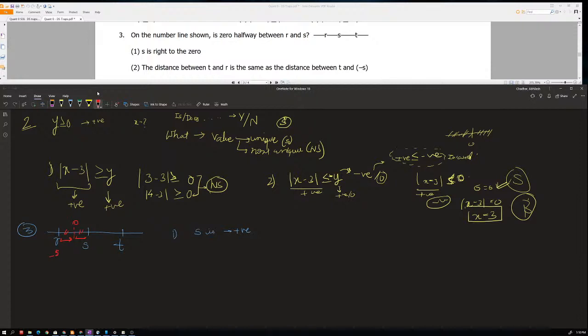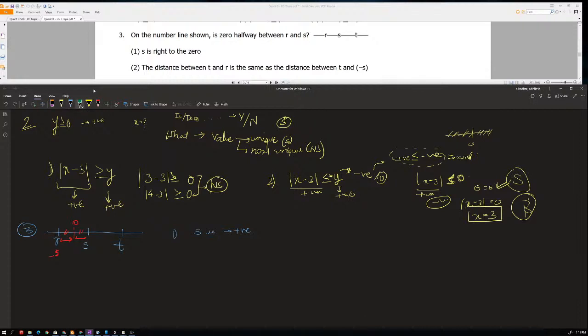Or how else could it happen? If the setup is something like this, where it is R and S is somewhere here, I guess no, that still will not work.